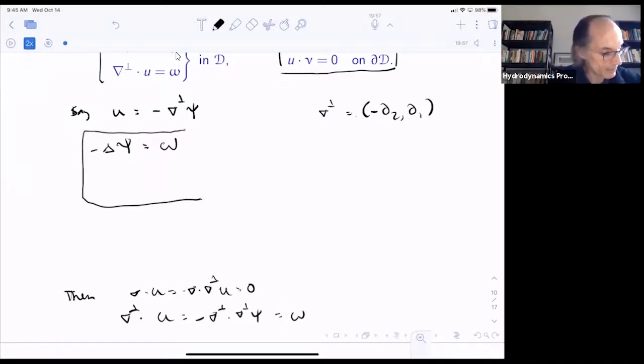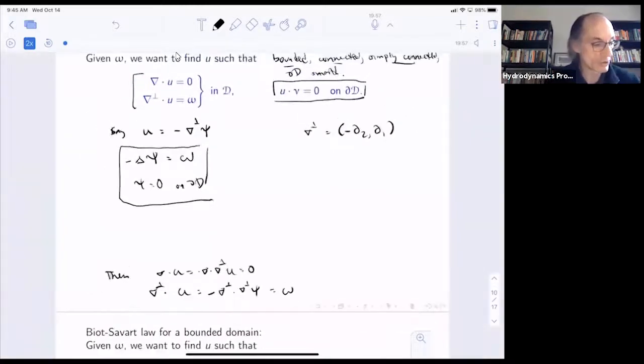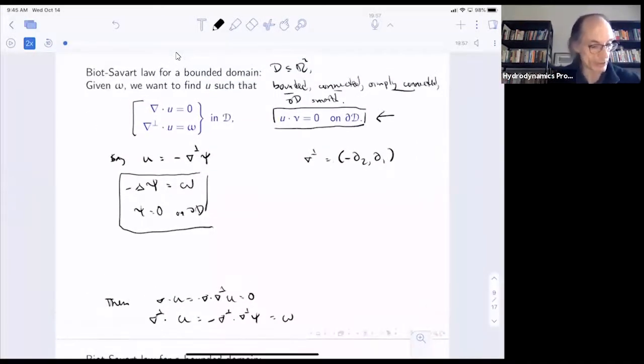And let's say psi is 0 on the boundary of the domain D. And so my claim is that this is a good thing to do because it will guarantee that this condition holds.